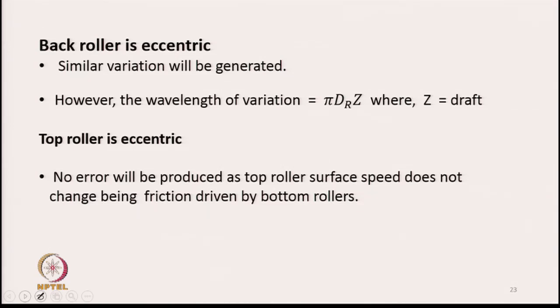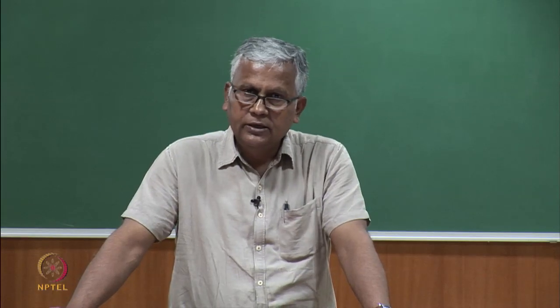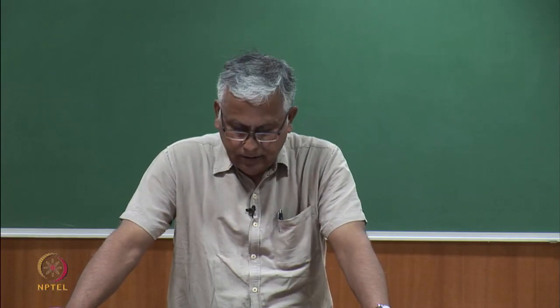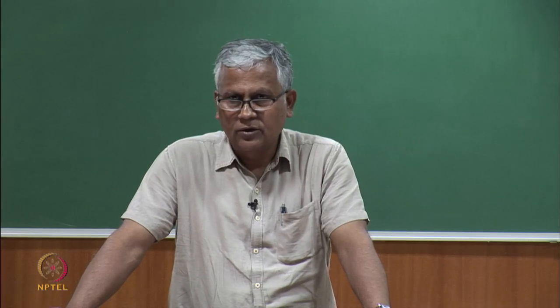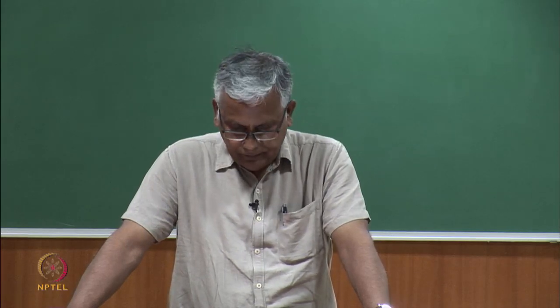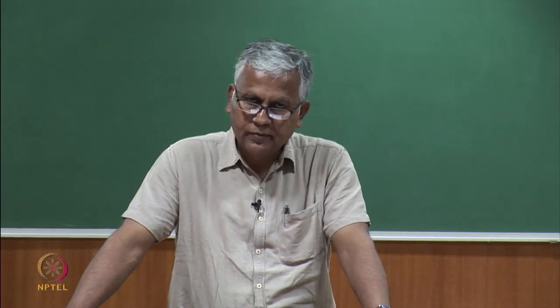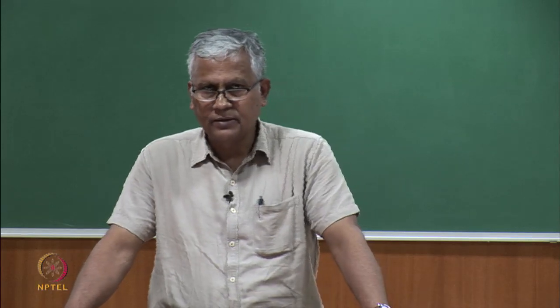From there, if we go to the top roller being eccentric, no error will be produced, as top roller surface speed does not change, being friction driven by the bottom rollers. This is what we have to remember, that if the top roller becomes eccentric, draft is not going to change at all, because top rollers are surface driven.